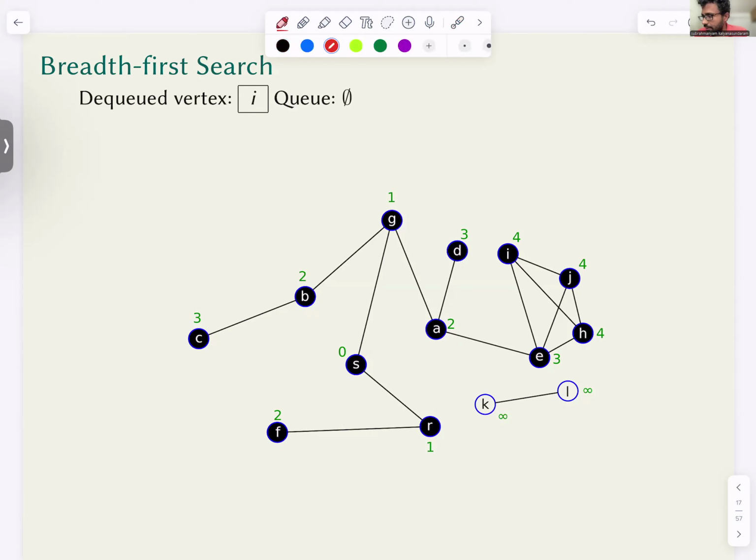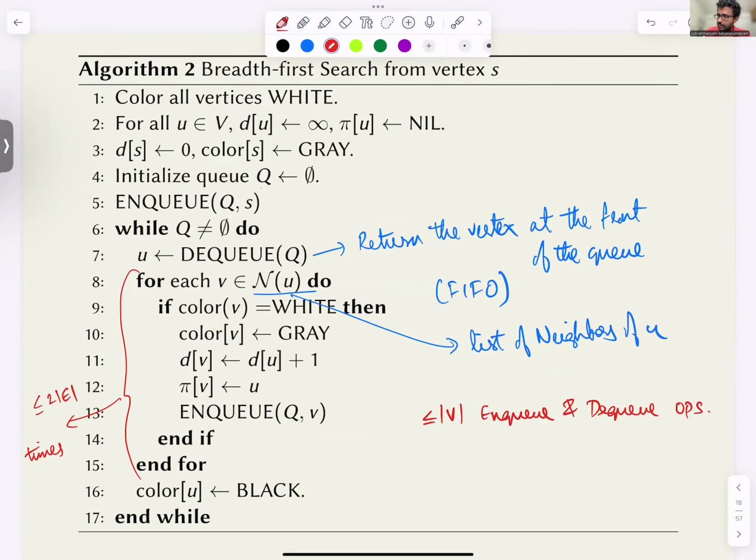Maybe I'll just draw some things. And the pi values: pi of everything is empty, and so pi of S is also empty.